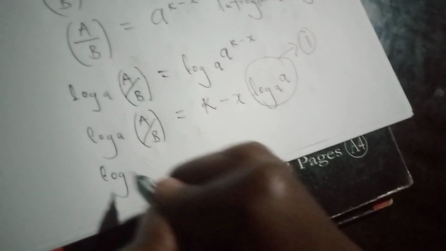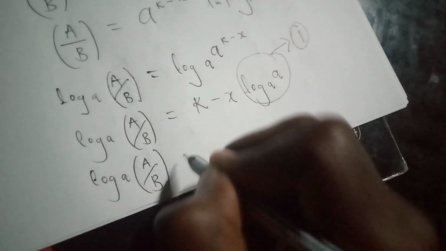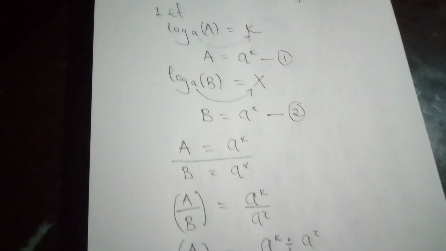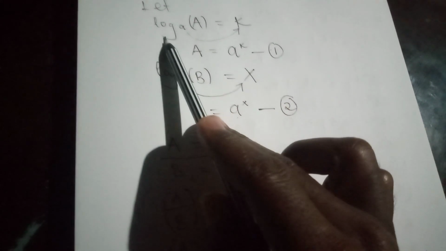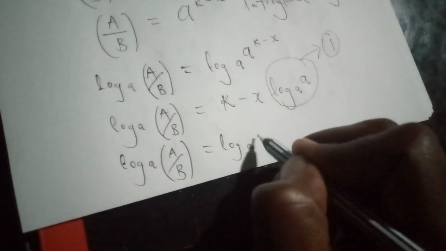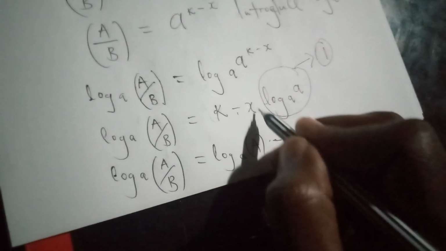So you are having log a of a over b is equals to, what is k? Your k is log a of a, minus what is the value of x?